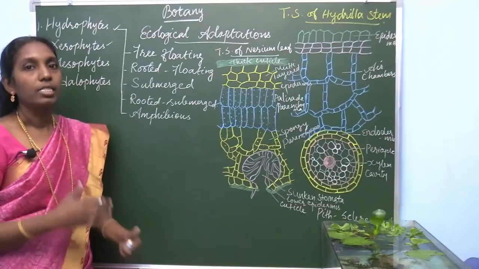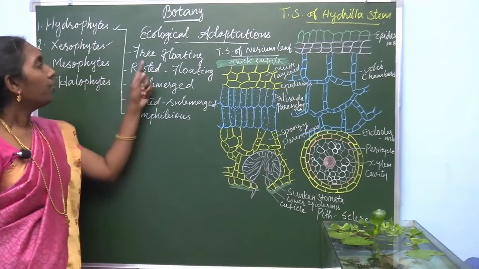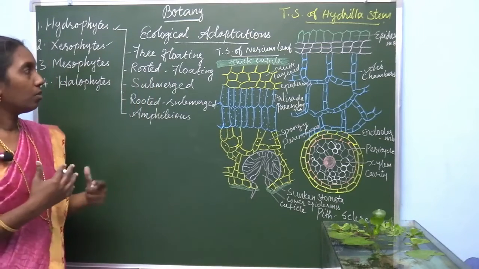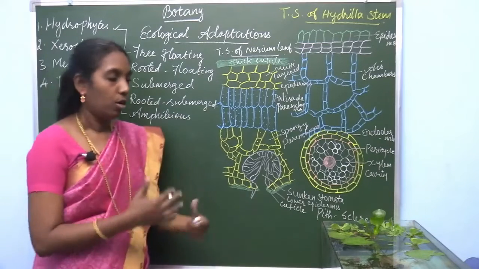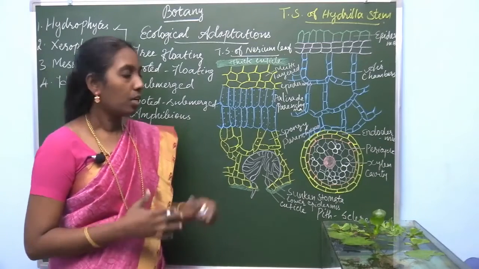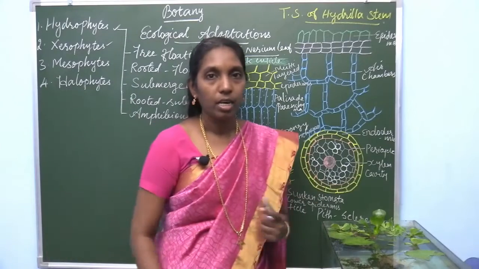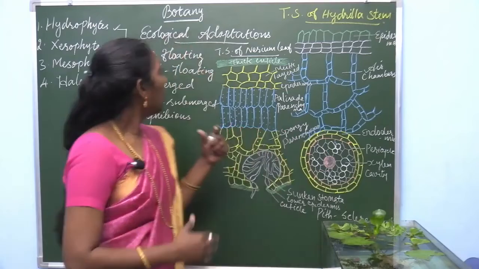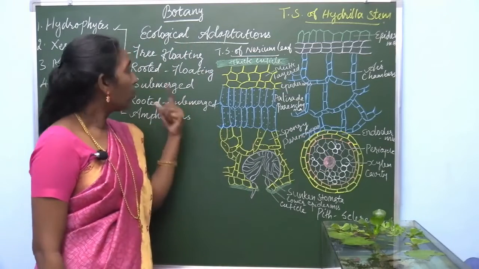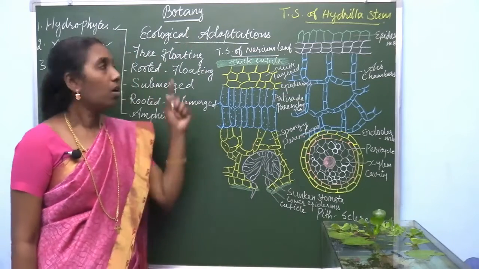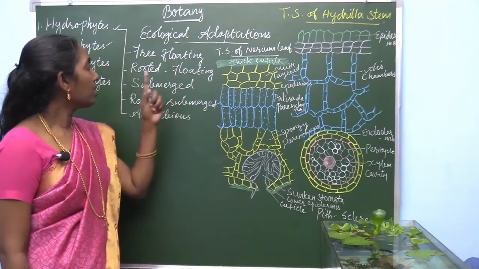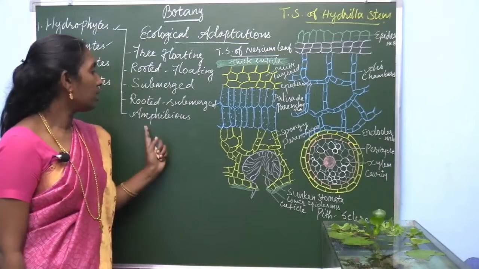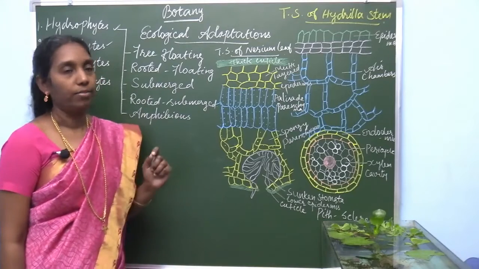Hydrophytes and its adaptations. Free floating hydrophytes. When you look into the aquatic ecosystem, here you can see a small aquatic ecosystem in the form of an aquarium. Here there are different types of hydrophytes: free floating, rooted floating, submerged, rooted submerged, as well as amphibious hydrophytes.